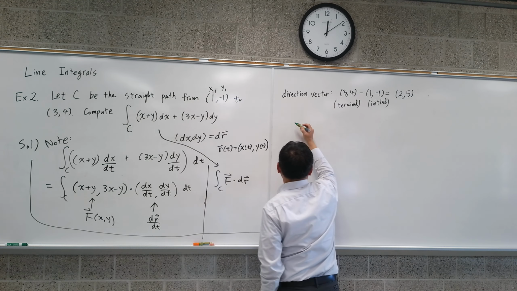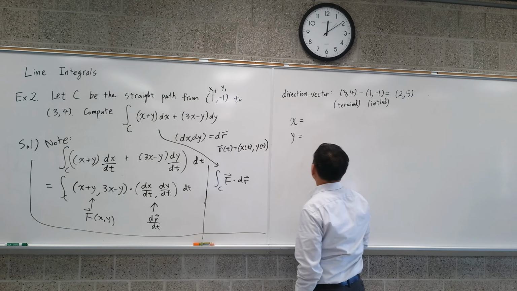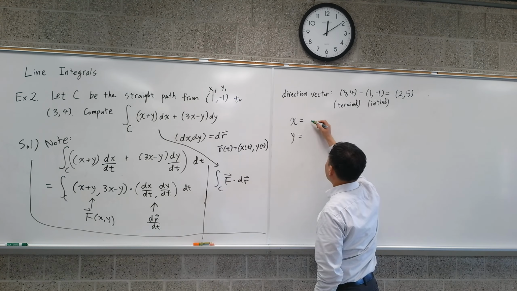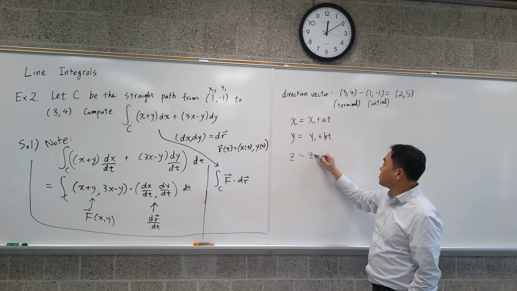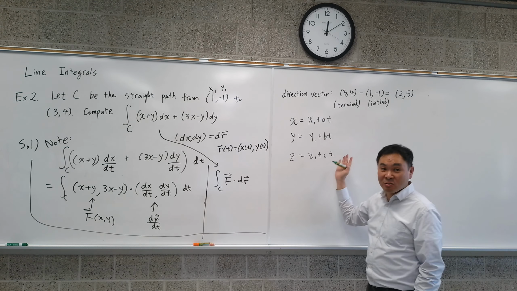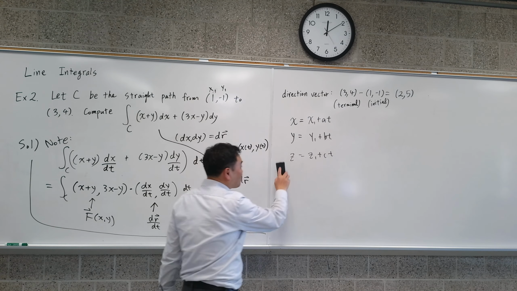Okay? Then you use the formula for the line equation, which is x1 plus at and y1 plus bt, right? In 3D, we learned it as z equals z1 plus ct, but this is 2D, so we don't use that. It is not relevant here.